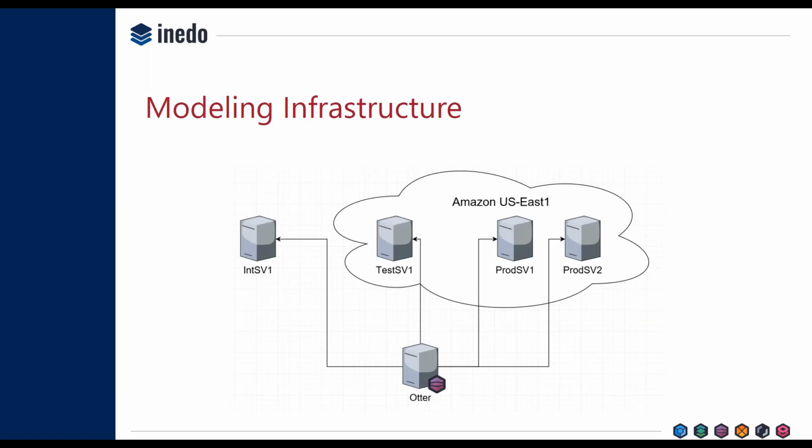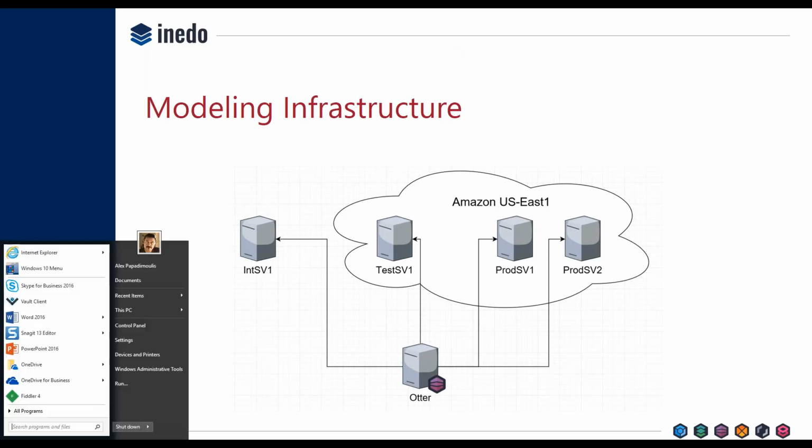So inside of our software, you'll see how we are communicating to these servers. But the logical setup is like I'm demonstrating here. Otter is having a one-way connection to all of these servers so that they can be orchestrated and managed centrally.